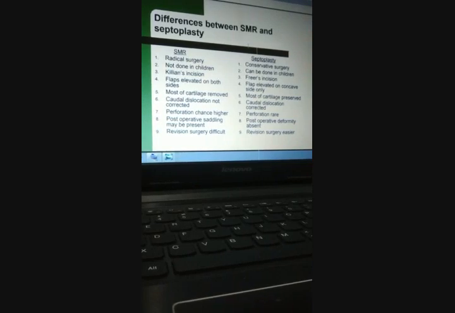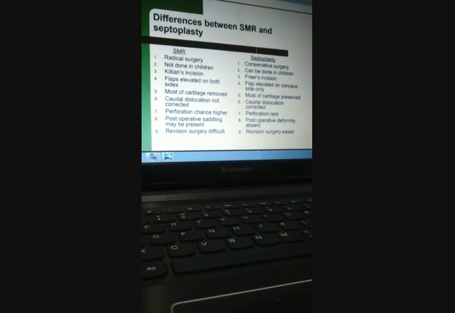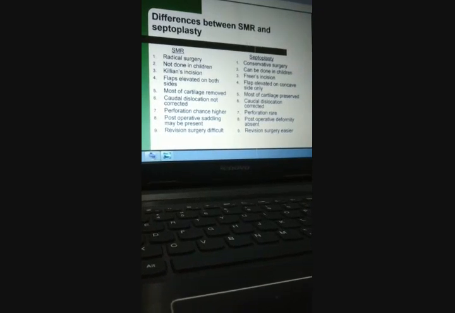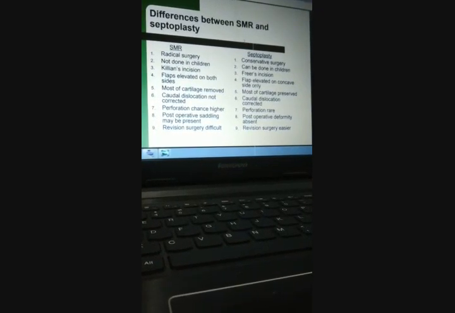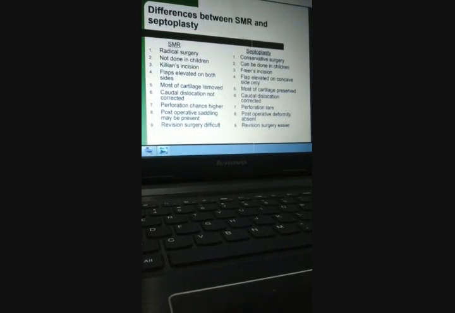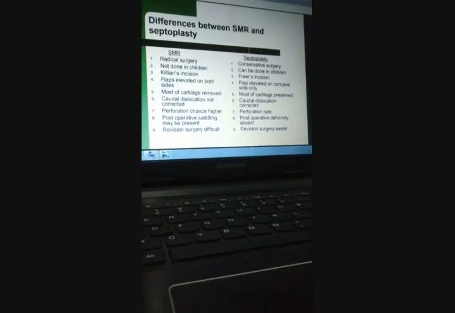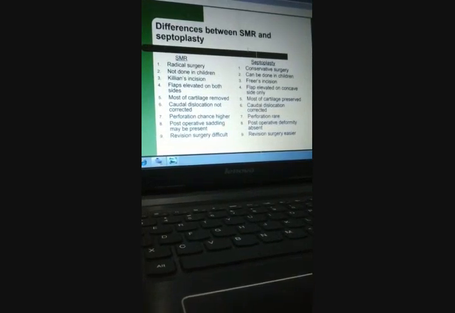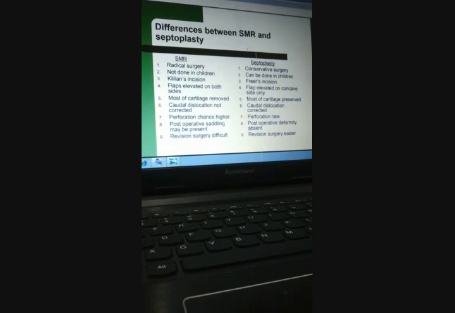In SMR, most of the cartilage is removed, while in septoplasty operation, most of the cartilage is preserved. Then caudal dislocation is not corrected in SMR operation, while caudal dislocation is also corrected in septoplasty operation.